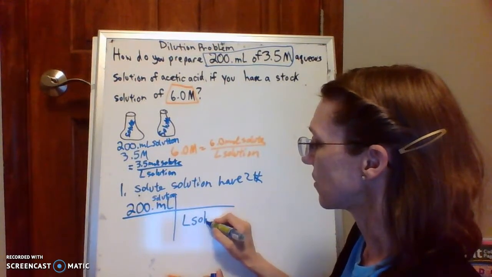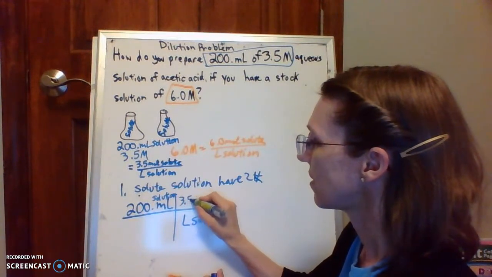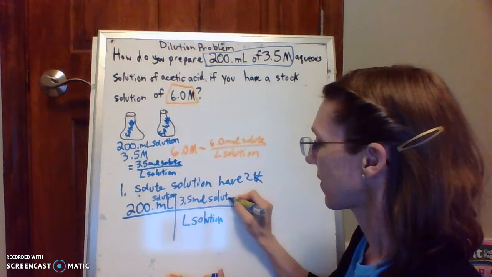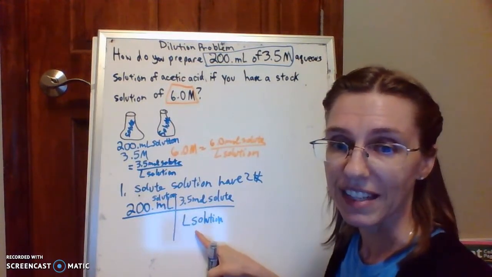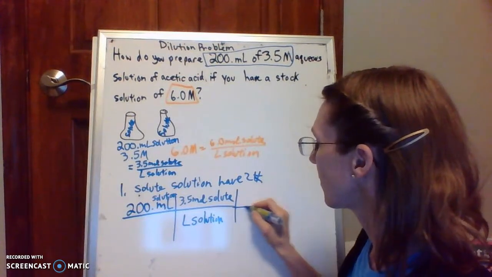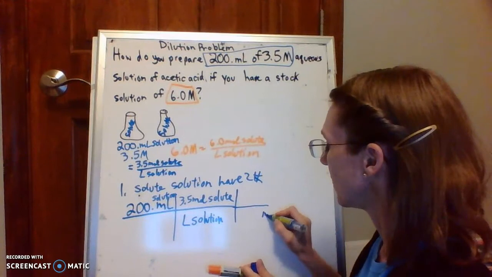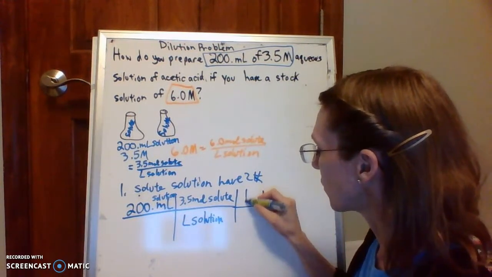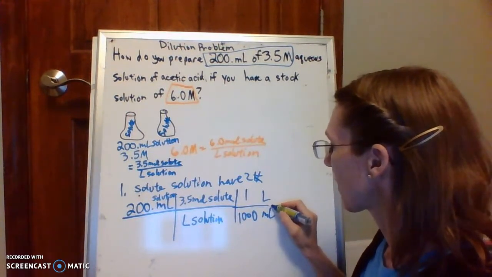So we've got liters of solution, and then the other thing goes on the other side of the line. Now, we've got volume and volume, but milliliters doesn't cancel out with liters. So we need a conversion factor in there. Milliliters is on the top, so we need milliliters in the bottom. Liters is on the bottom, so we need it in the top. Our conversion factor is 1 of the big guy to 1,000 of the little guys.